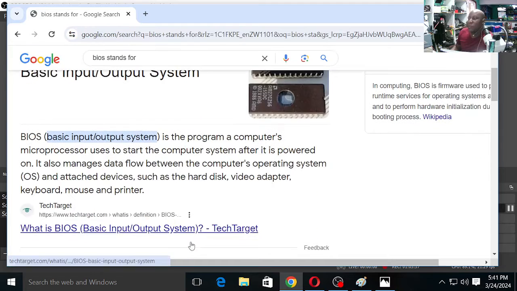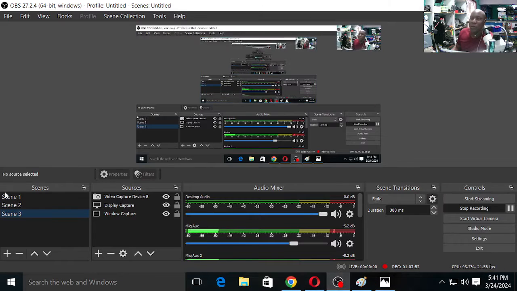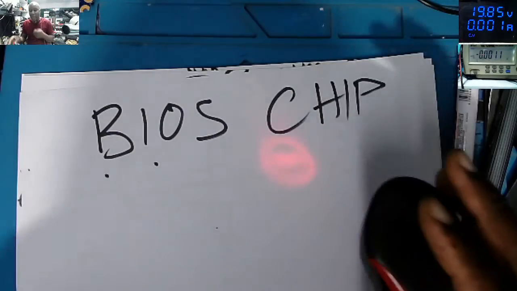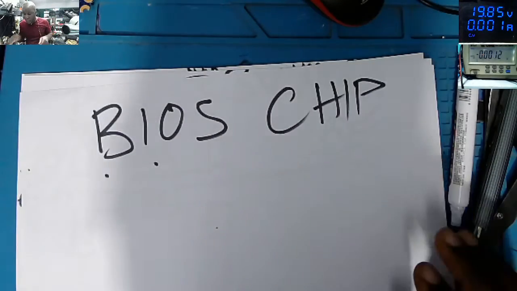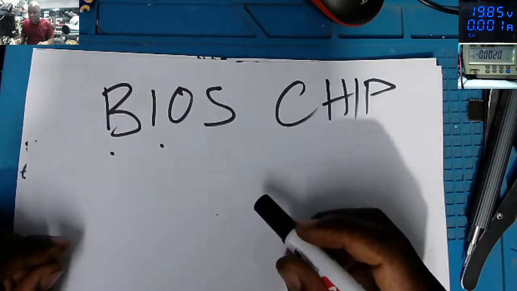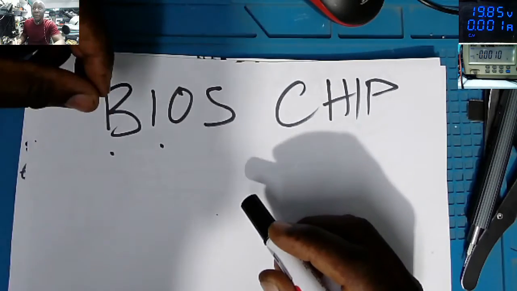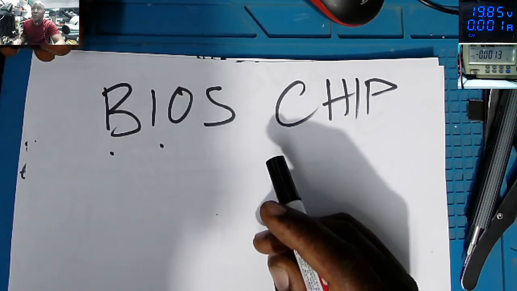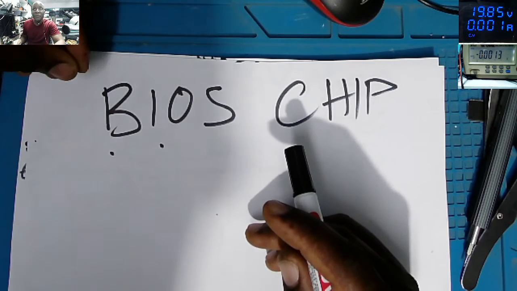Basic Input Output System is the program a computer's microprocessor uses to start the computer system. So that's the BIOS chip. This BIOS chip contains firmware for the startup sequence of the laptop.